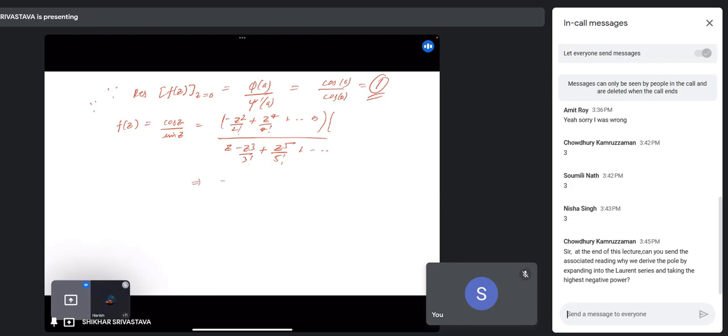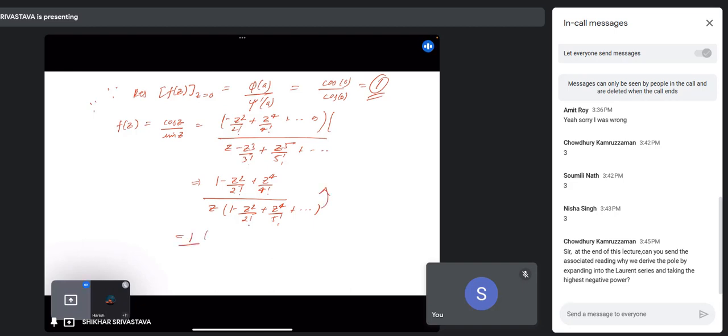So you can again write this as 1 minus z square by 2. Neglect higher terms because higher order terms are not required. Take z common here, so it becomes 1 minus z square by 2 plus z to the power 4 by 5 factorial. Now you take this above in the numerator.